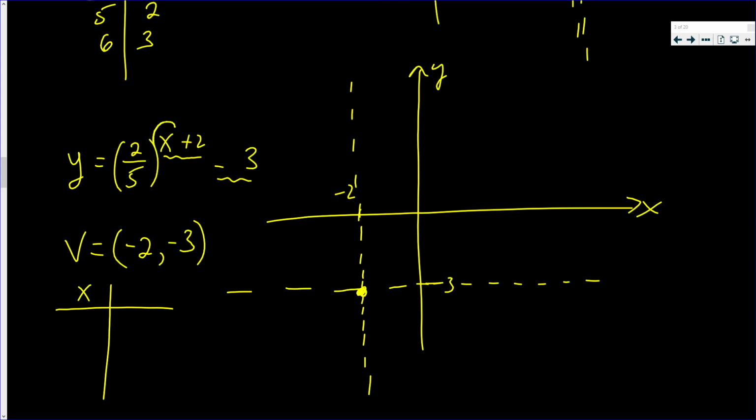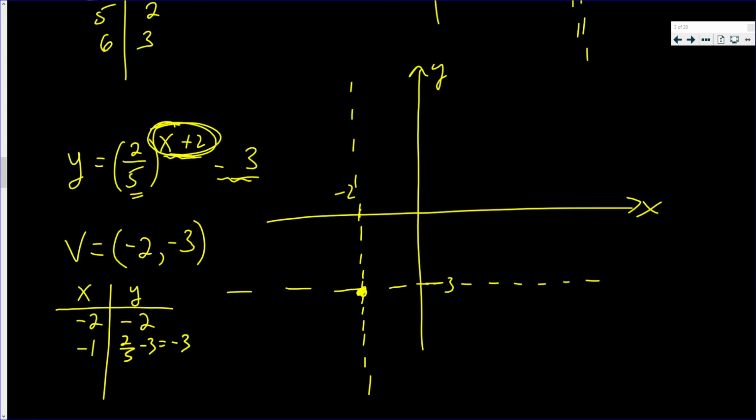I want to know what makes the power 0, and that's when x is negative 2, and 2/5 to the 0 is 1. 1 minus 3 is negative 2. And what makes this power 1 is when x is negative 1. 2/5 to the 1 is 2/5 minus 3.